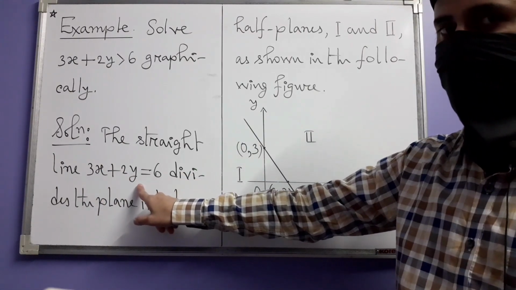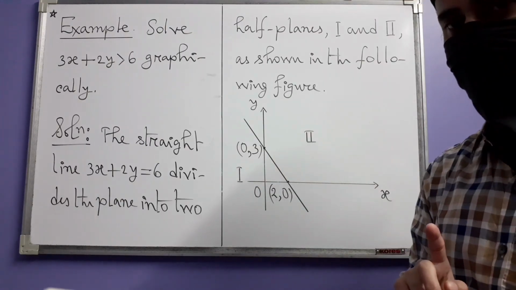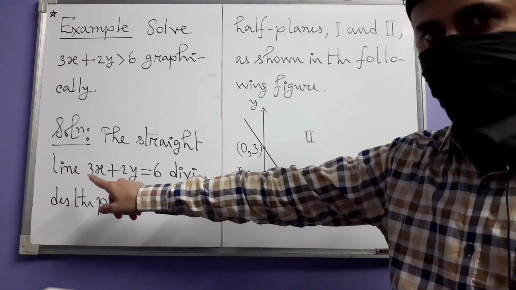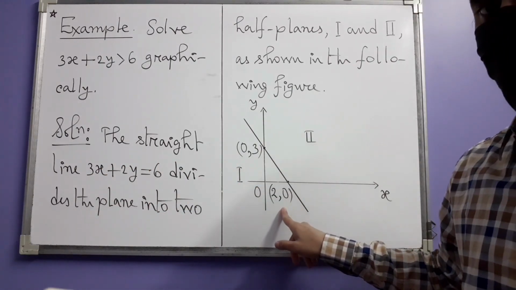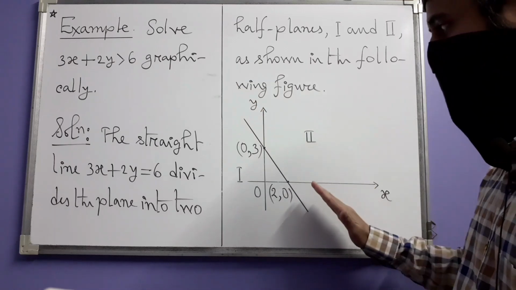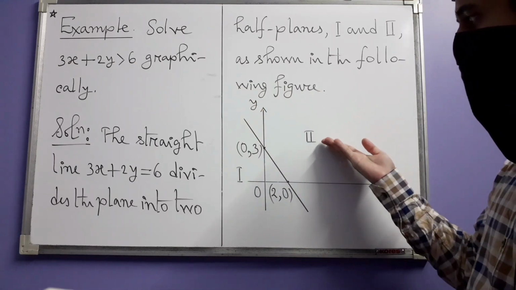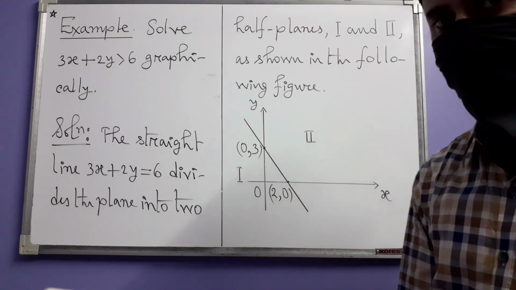Y has to then be 3. So (0, 3) is 1 point on the straight line. And then you put y = 0 and solve for x. So x has to be 2. That way you get another point (2, 0). They determine this straight line. So the upper half plane we are calling 2, and the lower half plane we are calling 1.